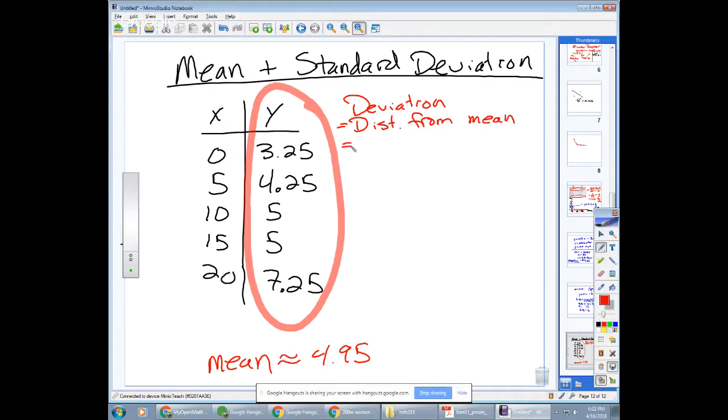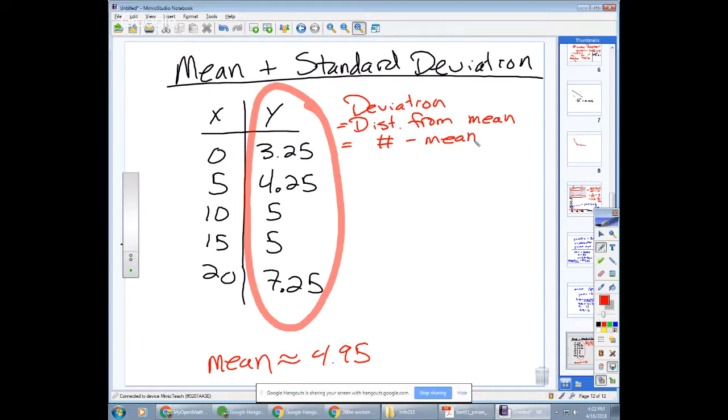We find deviation by taking a particular number and subtracting the mean from it. So if I do 3.25 minus 4.95, what do we get? 1.7, but negative? Is that right? You take any particular number, just pick a number, subtract the mean.